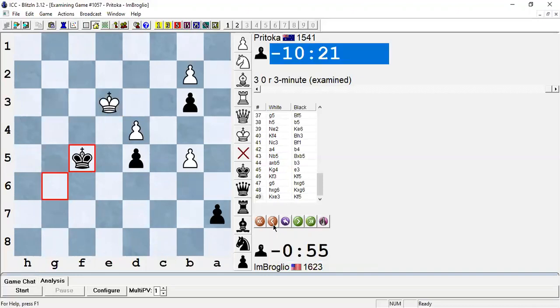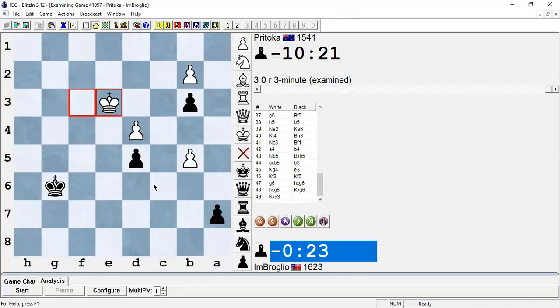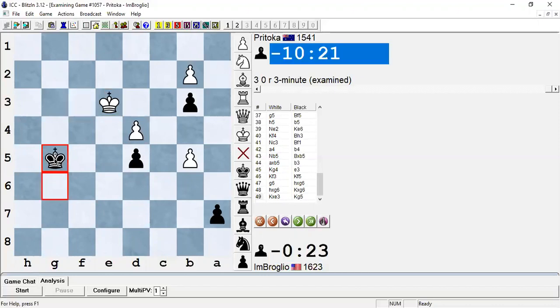Now let's go back. So again, we've seen what happens if black blunders with king to f5. Now let's move to g5. Notice here we have a single square between the two opposing kings, and this is diagonal close opposition. All right. So what is white to do?